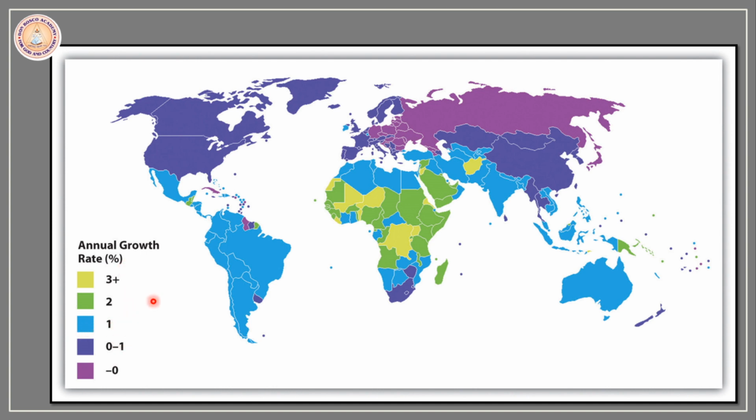That these continents, starting from South America, Australia, large areas of Africa, Asia, they are experiencing a very high rate of growth of population, while these countries like Canada, USA, most of the West European countries have a comparatively very low growth of population.